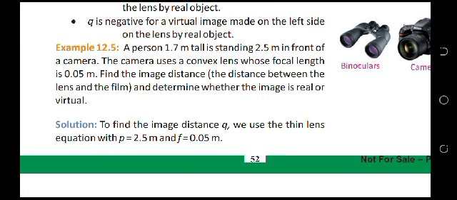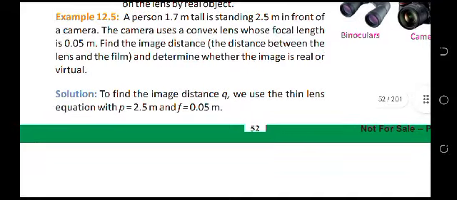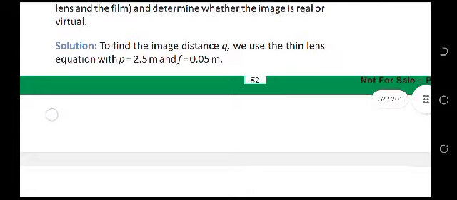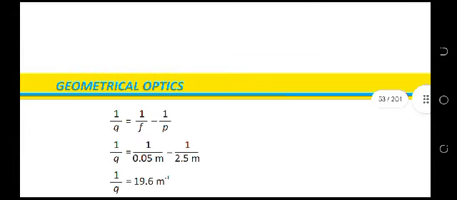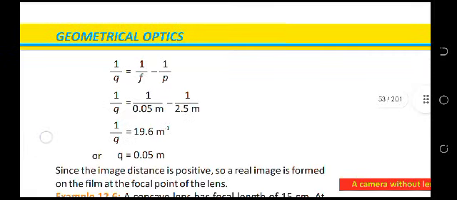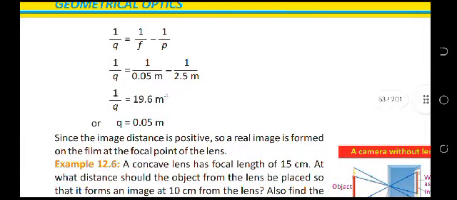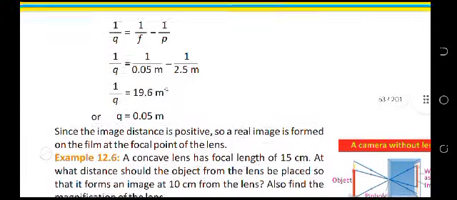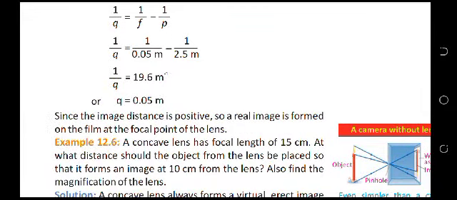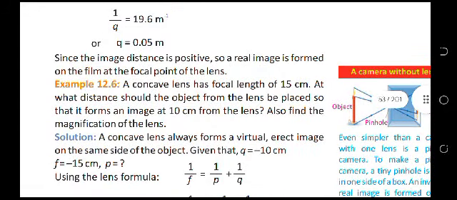Solution: to find the image distance q, we use the thin lens equation with p = 2.5 meter and f = 0.05 meter. 1/q = 1/f - 1/p. 1/q = 1/0.05 meter - 1/2.5 meter. 1/q = 19.6 per meter, so q = 0.05 meter. Since the image distance is positive, a real image is formed on the film at the focal point of the lens.